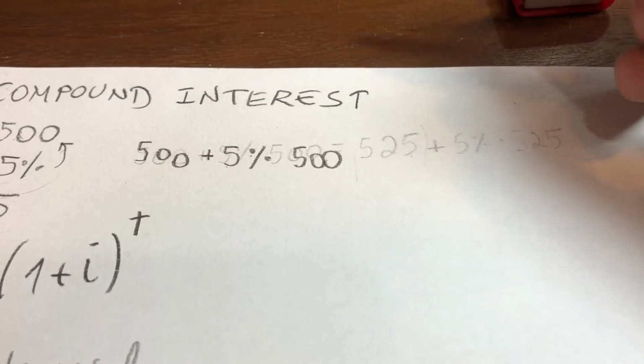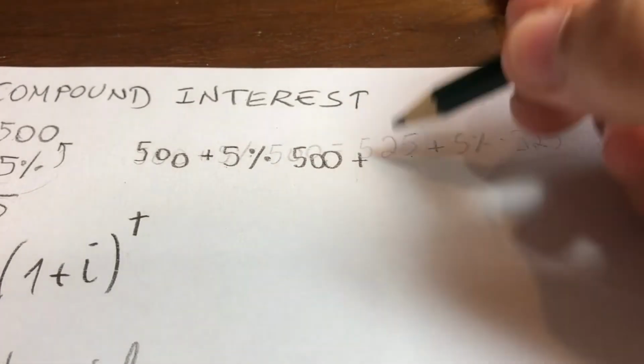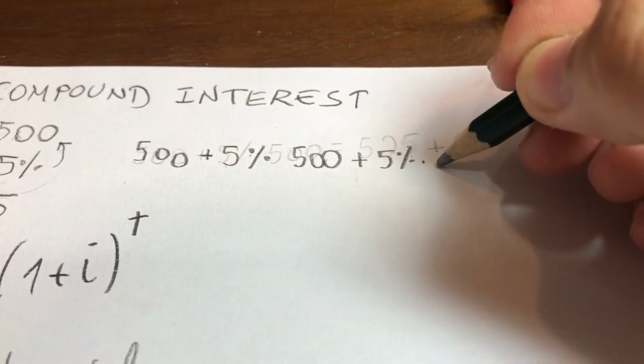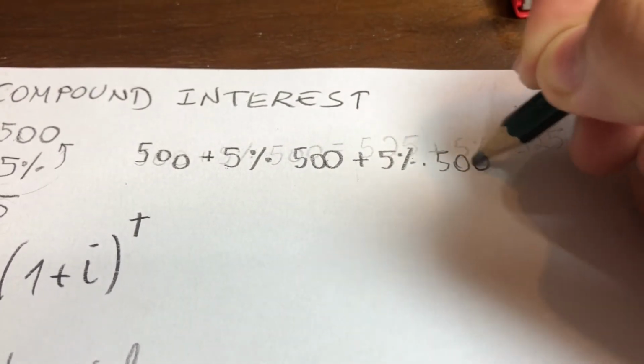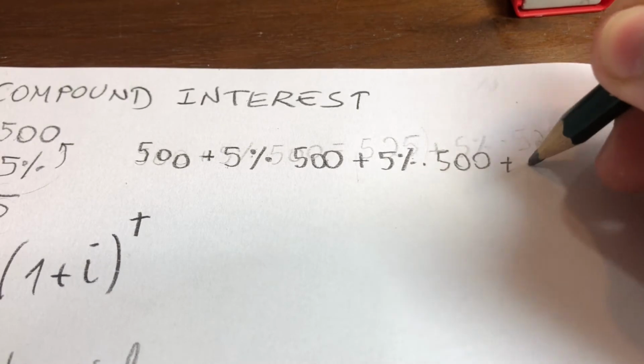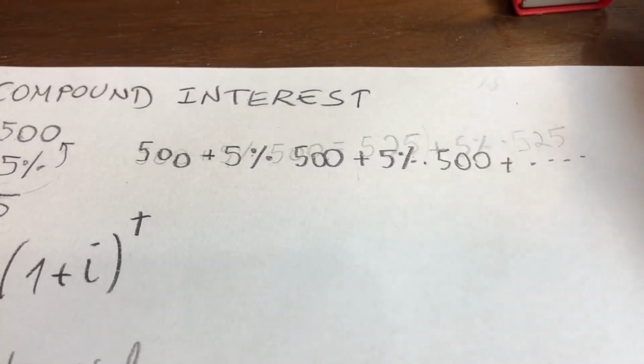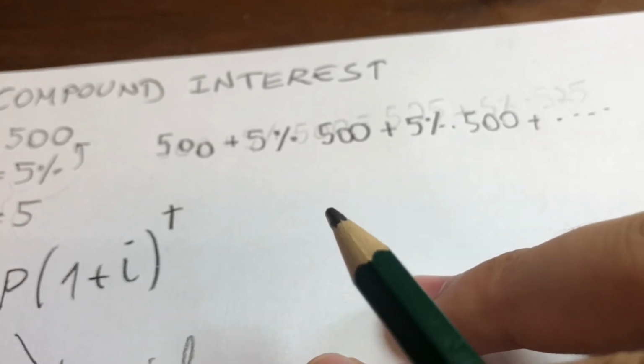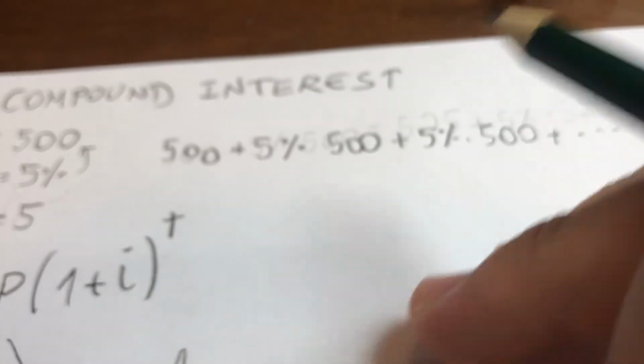Do you agree with that? And in the next year, 5% above these 500. And there you go. But when it comes to compound interest, things get a little bit harder.